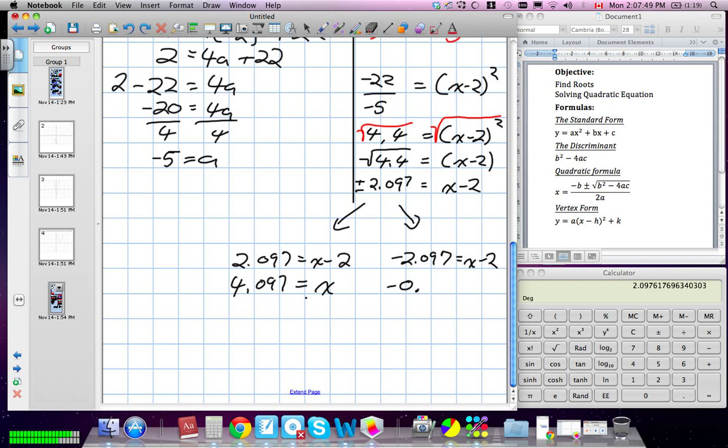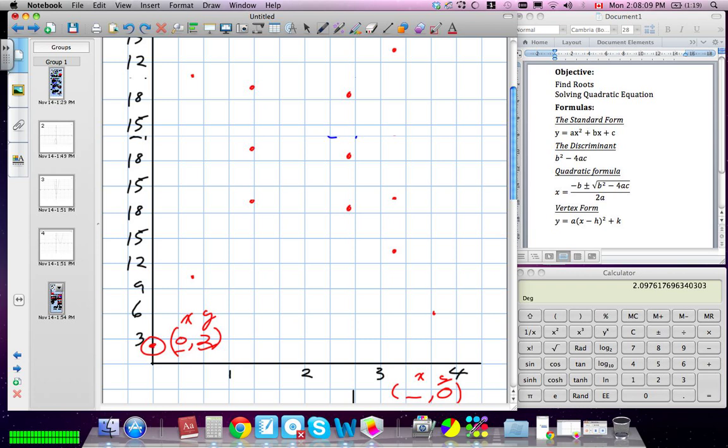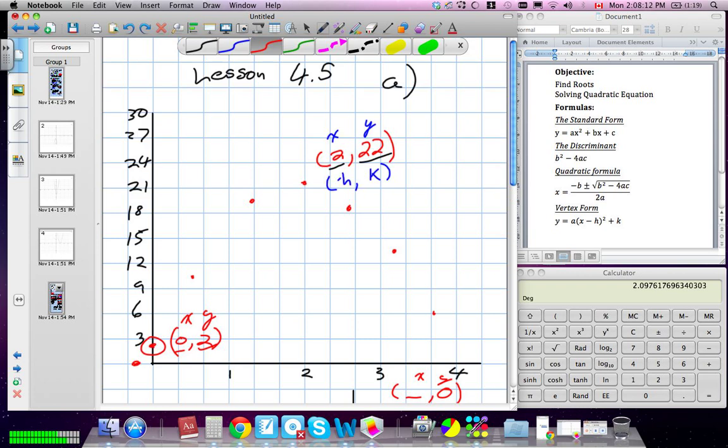We're going to say approximately 4.1 and 0. And we'll round the other one to negative 0.1 and 0. We will look at our graph, positive 4.1 and negative 1. Give me a second. So we had negative 1 as one of the x-intercepts, which makes sense. That looks like it'd connect. And our other one is around here, 4.1.